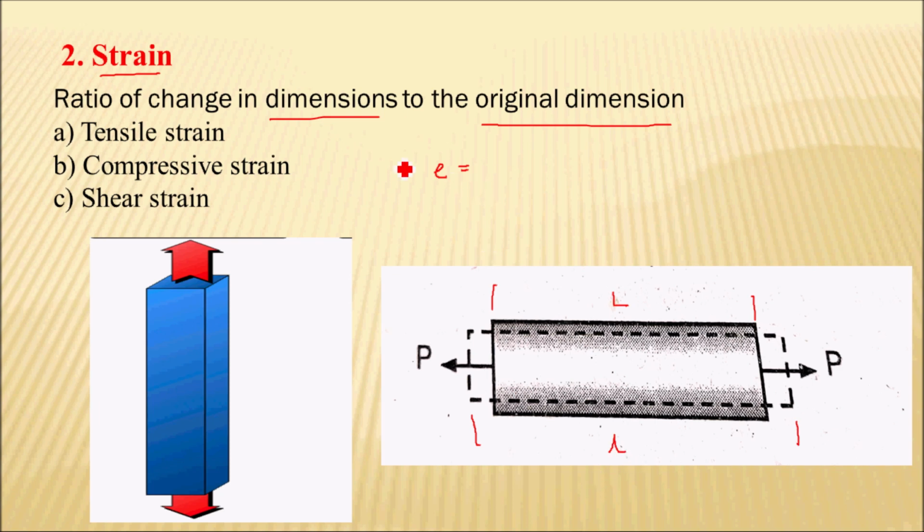So strain is the ratio of change in dimension, that is small l, to original dimension, that is capital L. As strain is a ratio of two similar quantities, it has no unit. Similarly, there are three types of strain: tensile strain, compressive strain, and shear strain. Now let us see types of stress and strain in detail.